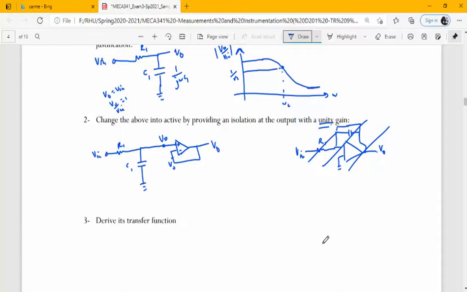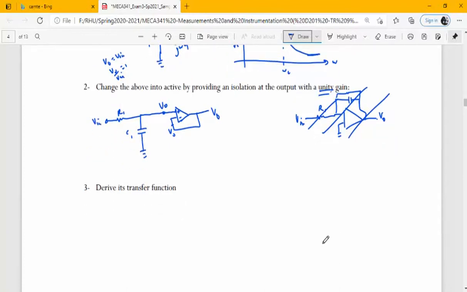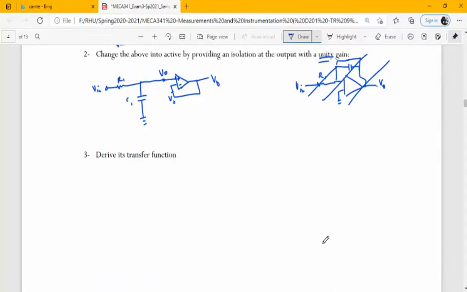So we don't change the form of the output voltage. We only preserve the power of the V output, the energy content of the signal. Now we are asked to derive its transfer function. The transfer function is the output over the input, and in order to do so, we label the nodes. This is the ground.